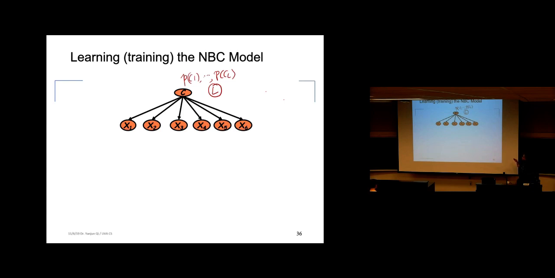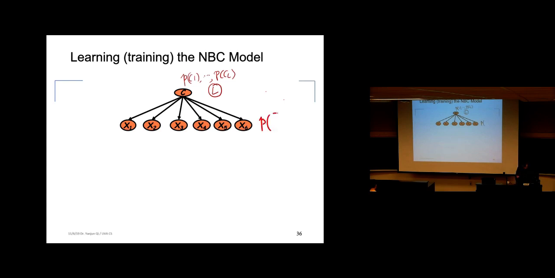C has no parent, so I don't need to estimate anything conditional; I only need to estimate P(C). Each of these X features is conditioned on the parent C, and for each one of them, the variable I need to estimate is the possible values.